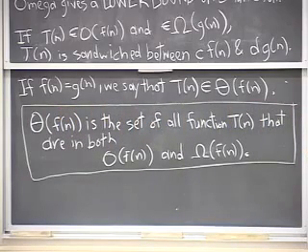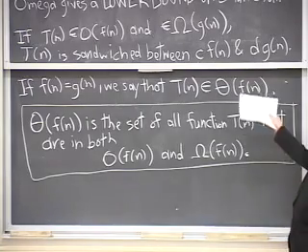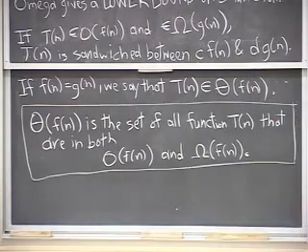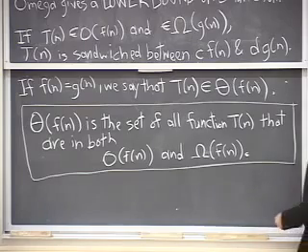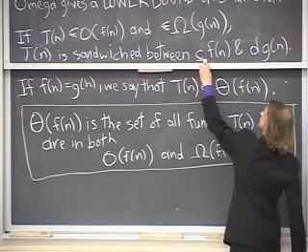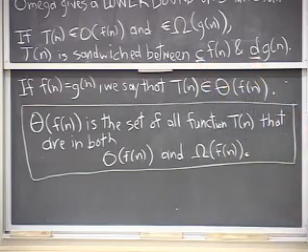And that's the third definition that you should commit to memory. Now, one thing you might wonder is, how can you have matching upper and lower bounds? How can you have a function that's sandwiched between another function and itself? Well, the answer is you get to pick different constants for c and d.